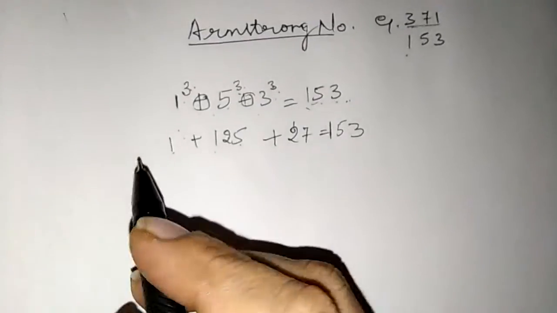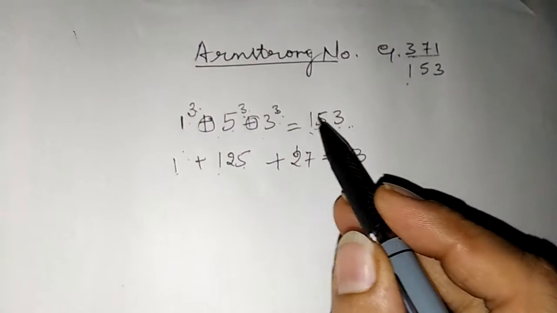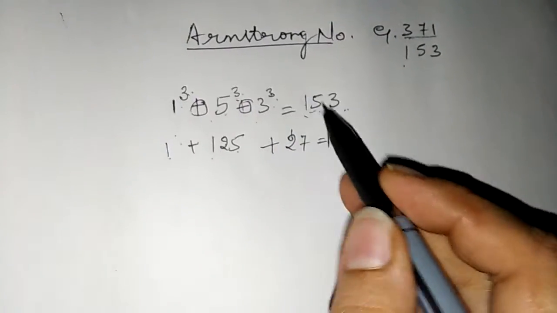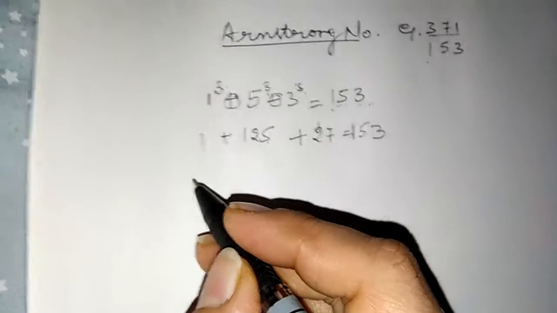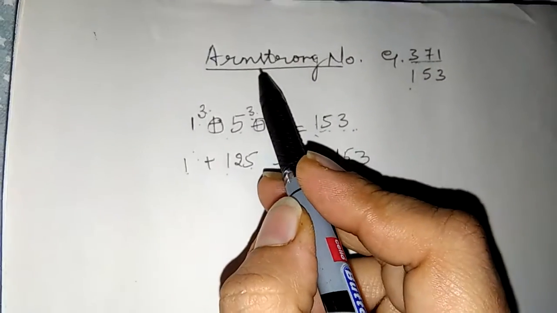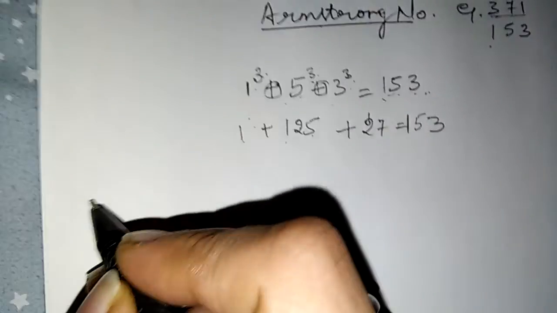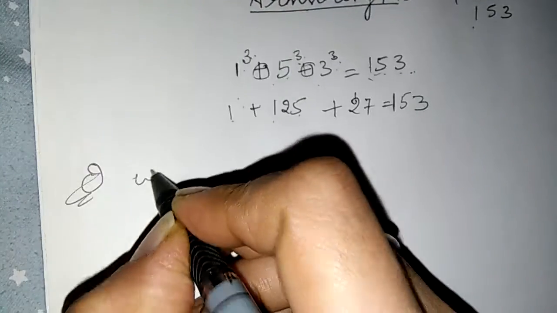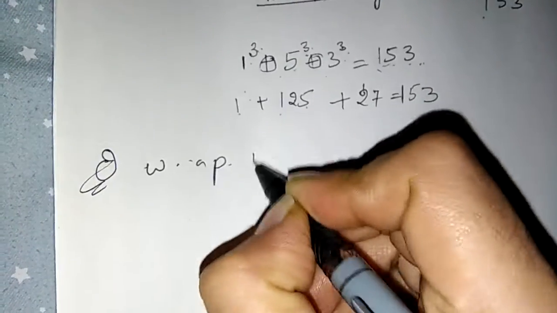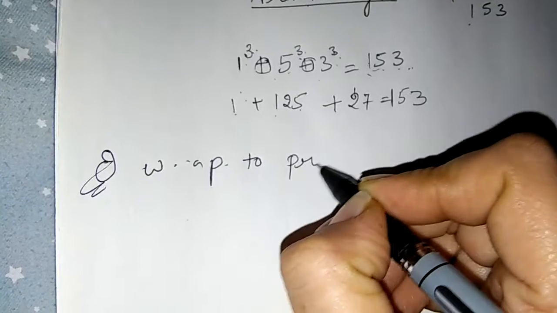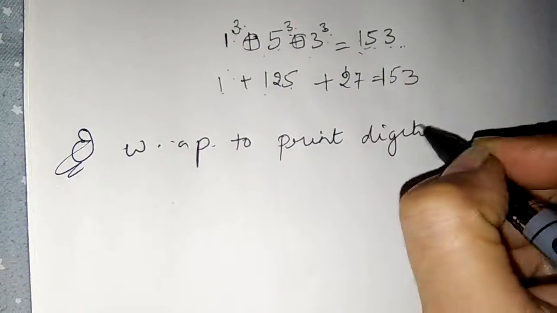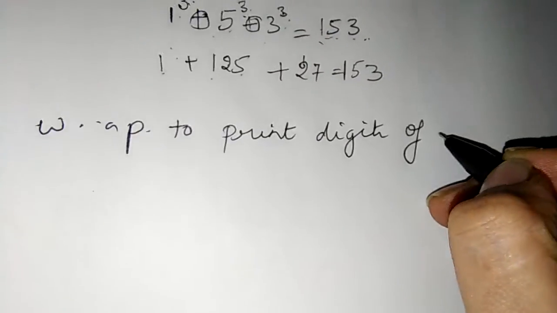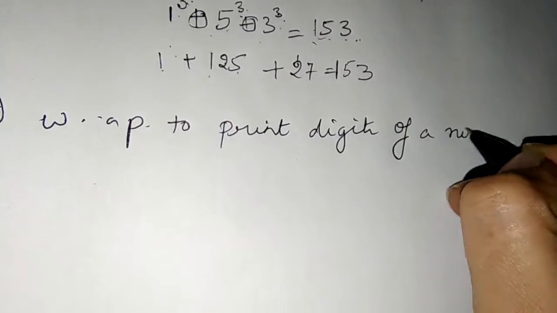Now the problem is, how will you find the digits of a number? Now to find the digits of a number, before taking up an Armstrong number, I am taking a program: write a program to print digits of a number.